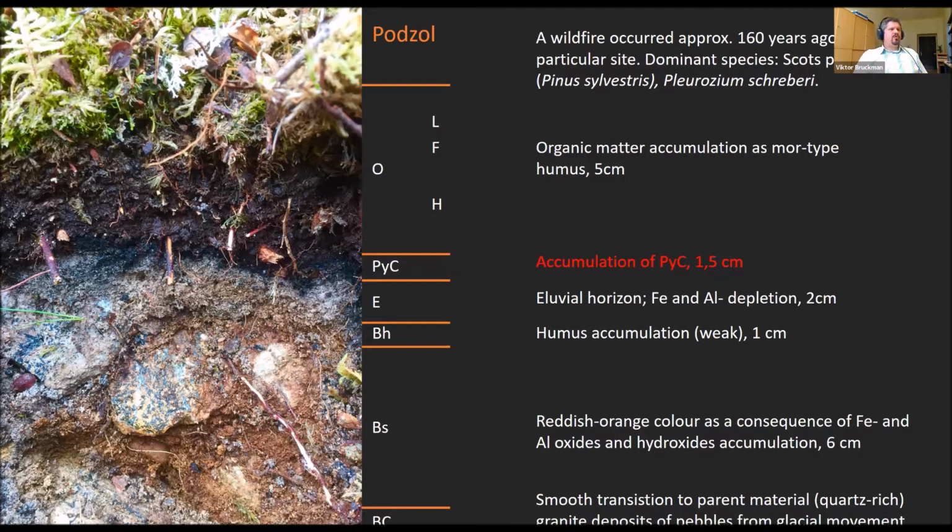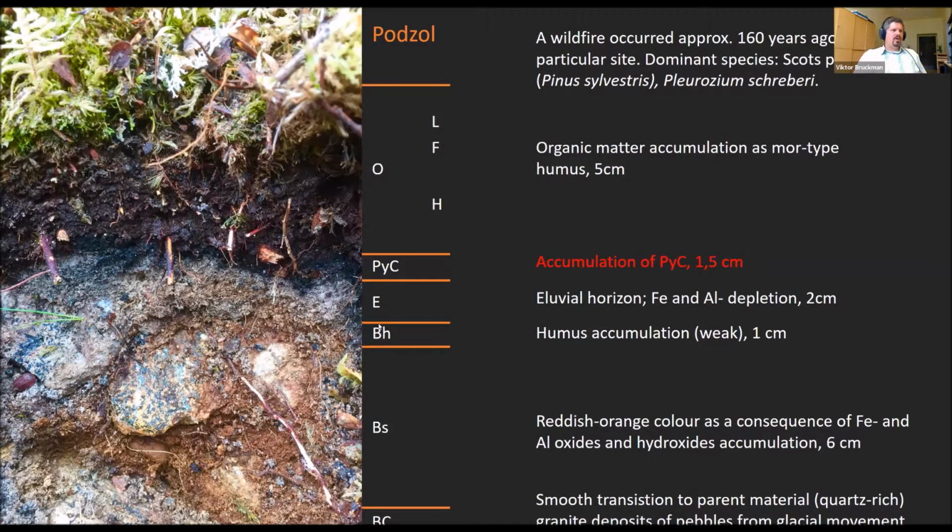What we see in this profile is an organic horizon of about 5 centimeters, more type humus, and just at the interface between this organic layer and the mineral layer, you see this accumulation of pyrogenic carbon from the fire 160 years ago, roughly 1.5 centimeters.